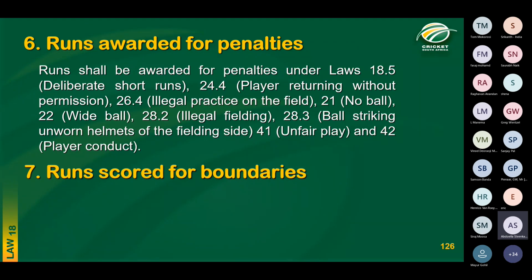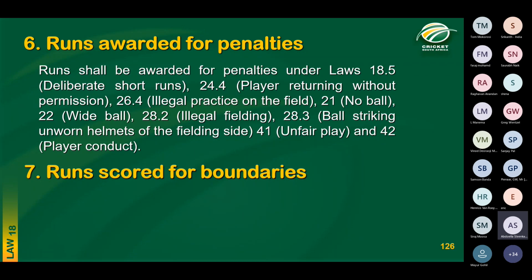Runs awarded for penalties. There are various types of penalties that you get under the laws, and they are: we've just covered deliberate short run. If the batters deliberately run short, 5 penalty runs will be awarded to the fielding side. Players returning without permission, there are also 5 penalty runs that will be awarded to the batting side.